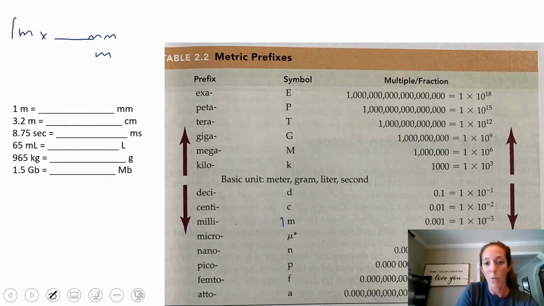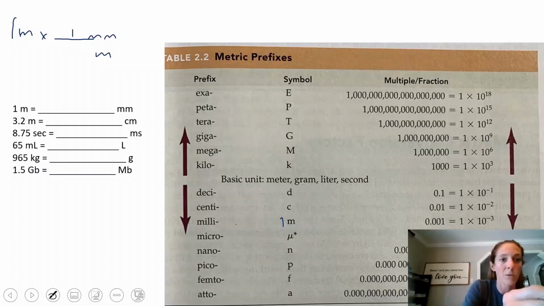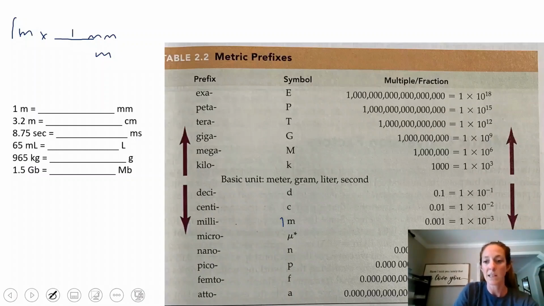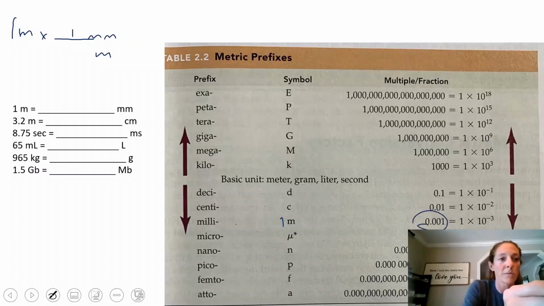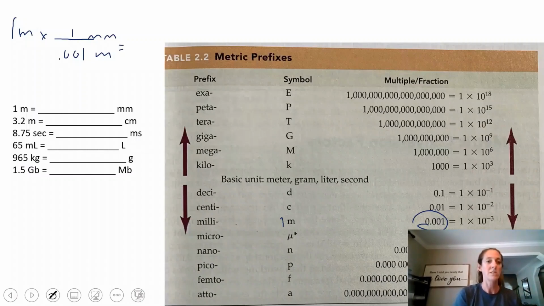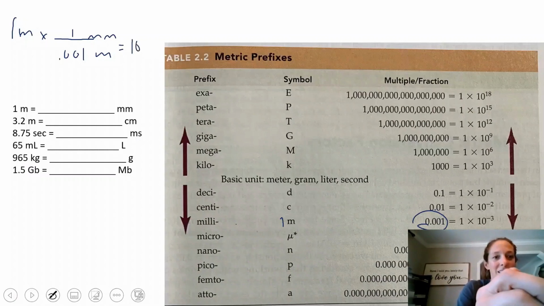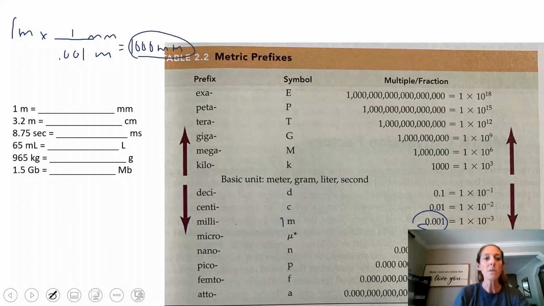I'm going to say 1 millimeter is equal to 0.001 meters. All right, so now we just need to plug and chug. I'm going to do 1 times 1 divided by 0.001 to get 1,000. Okay, so that's the first one.